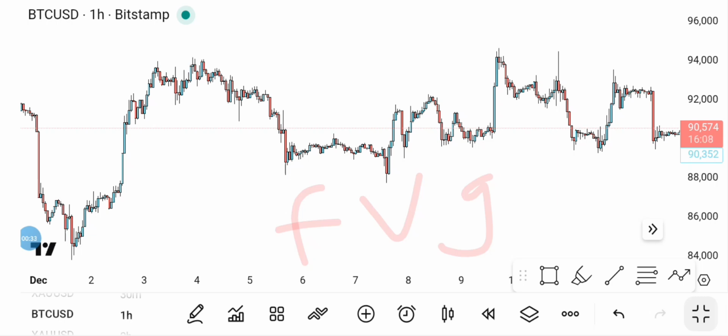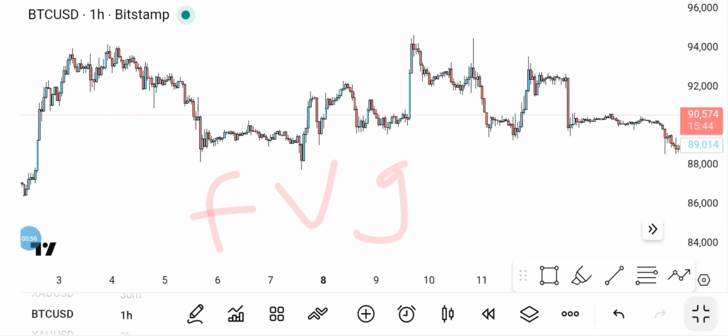But today I want to speak mainly on the fair value gap as well as the inverse fair value gap. I've been trading with the chart patterns. They are so beautiful and accurate to a very large extent.